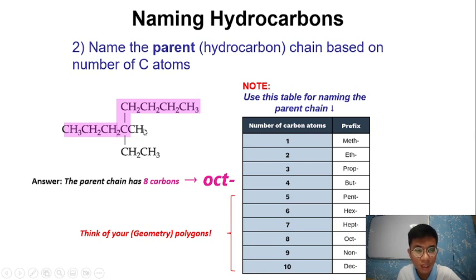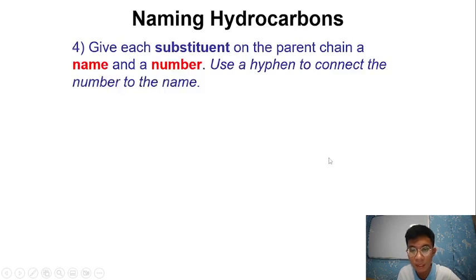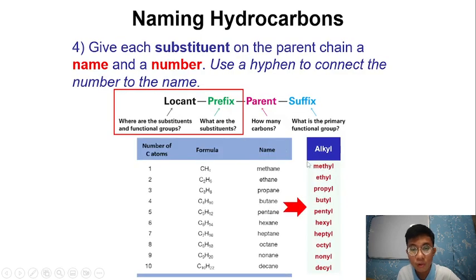Itong nakikita niyo C3 and the C ito, substituents. Bigyan ng pangalan yan. Paano bibigyan ng pangalan? Okay? Balik tayo dun sa ating slide. Ito dito is ano pangalan nung alkane. Paano kung nakakabit?